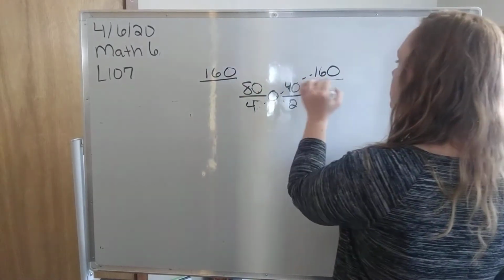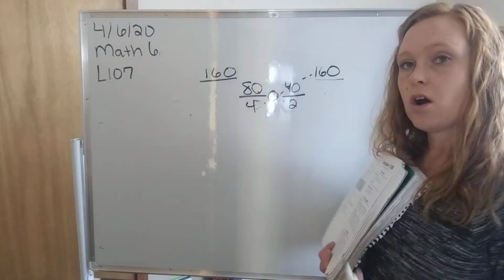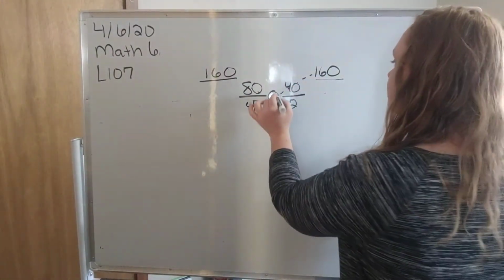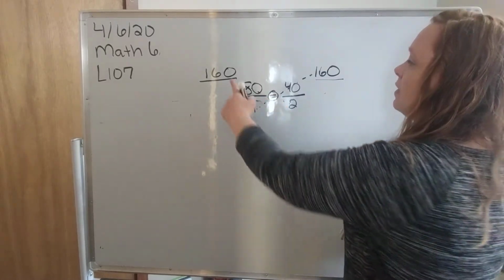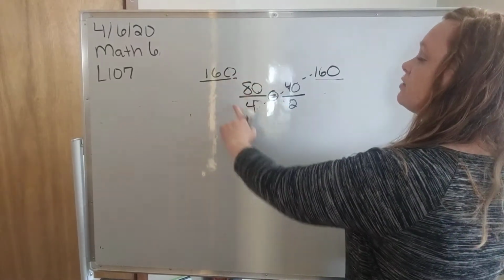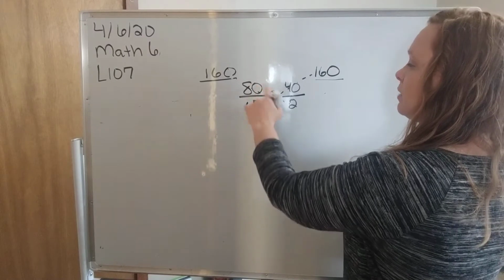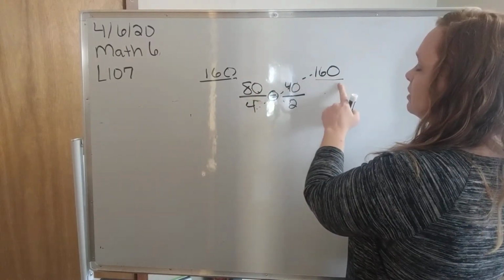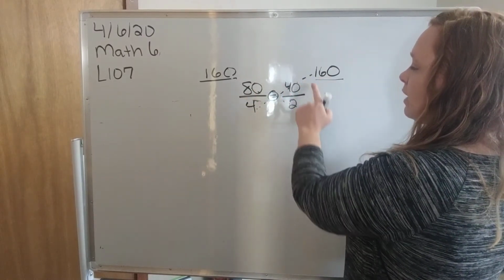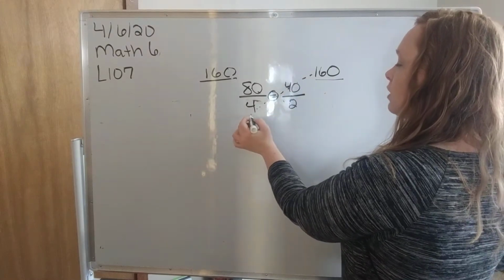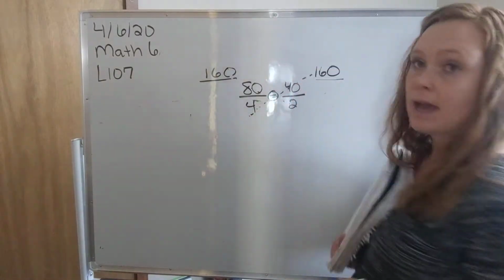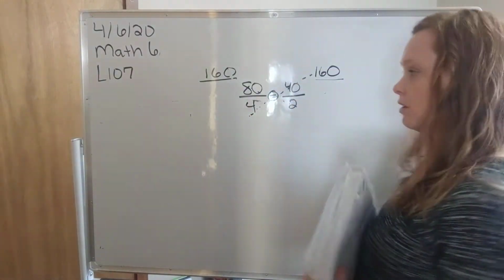If these numbers are the same, then they are equivalent or equal. Okay? If this number is bigger, then this ratio or fraction is bigger. If this number is bigger, then this ratio or fraction is bigger. Make sure you always start from the bottom and multiply up so that you have those correct numbers.